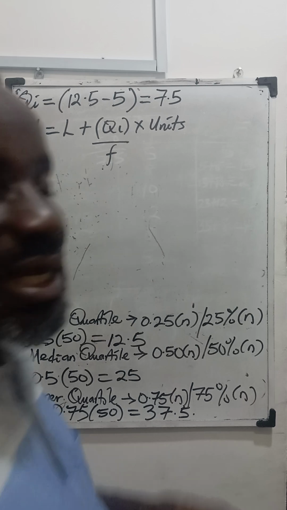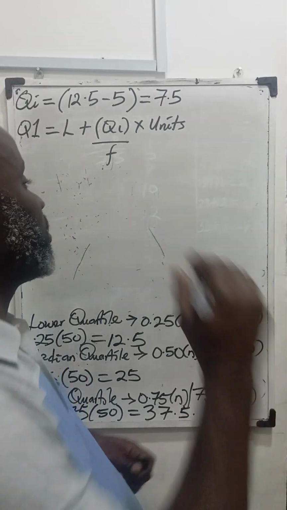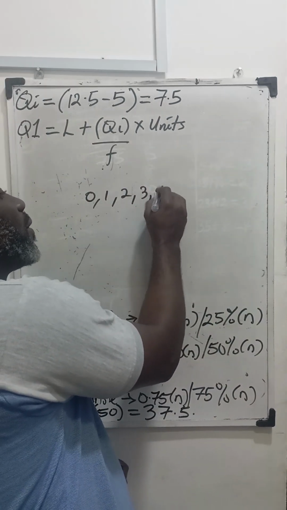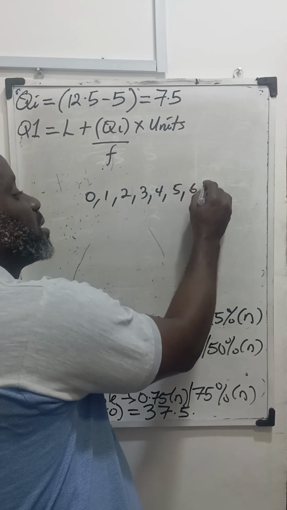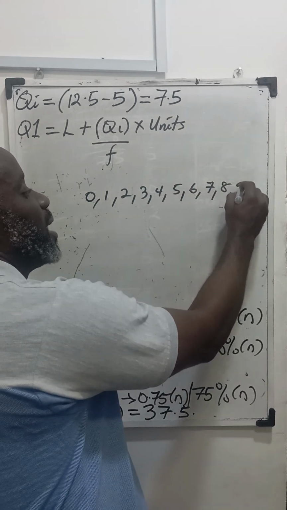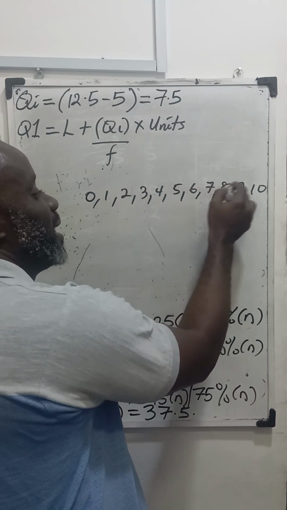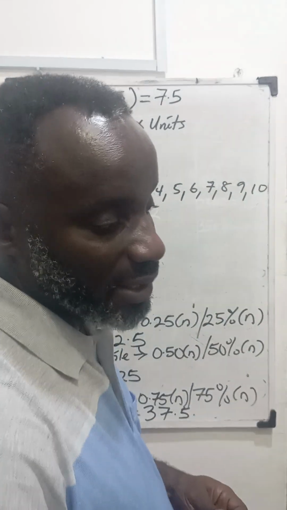The first class interval runs from 0 to 10, which is 0, 1, 2, 3, 4, 5, 6, 7, 8, 9, 10, so we count 11. Did you get that?